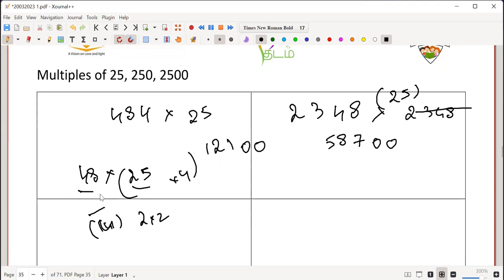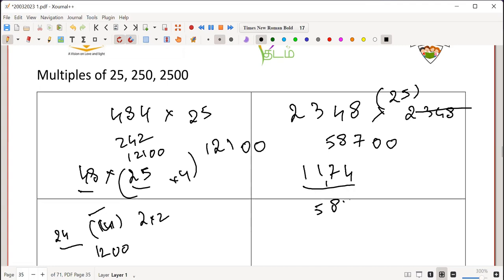So, half of 48 is 24, again half is 12, into 100, 1200. For 242, half is 121 into 100. This 134, half of 17, 4. Again, half of this, 5, 8, 7, double 0.